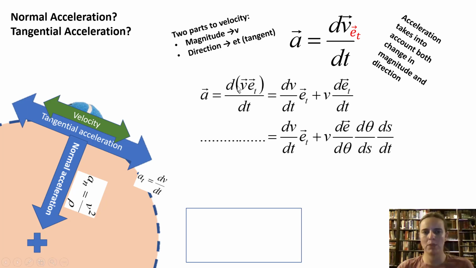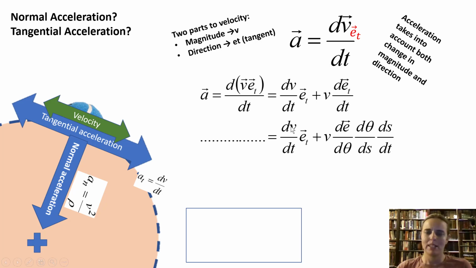Let's split this apart. So if we've got two things that are changing, we'll take the derivative of the first times the second, plus the second times the derivative of the first. So we're splitting this apart. And for one of these little guys, we're going to do this crazy chain rule: d theta over d theta, ds over ds. And whoever thought of this first was amazing because it works out nice.